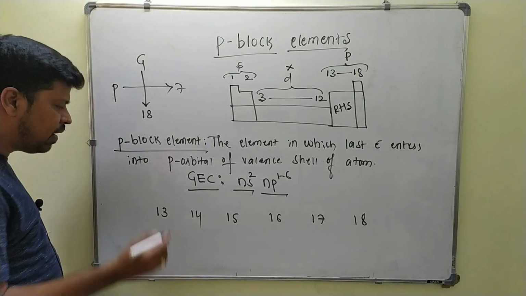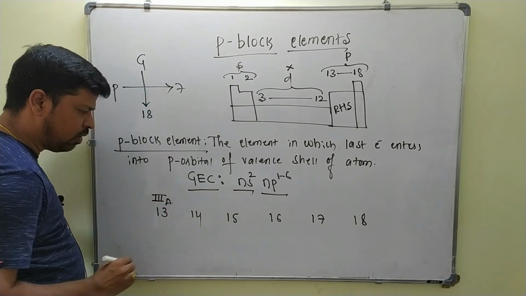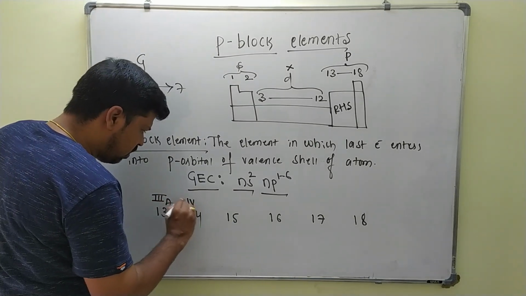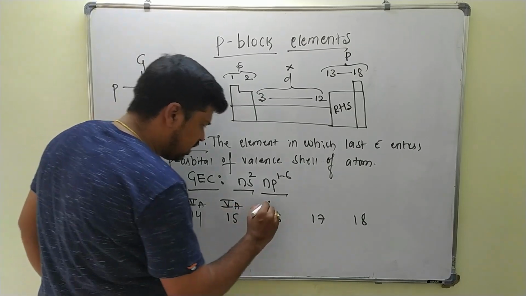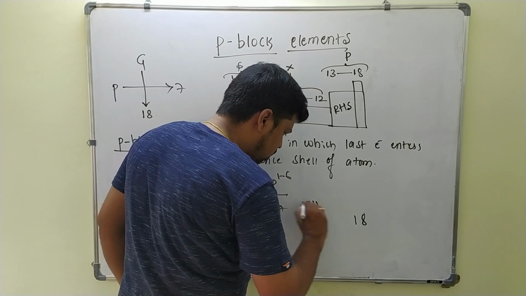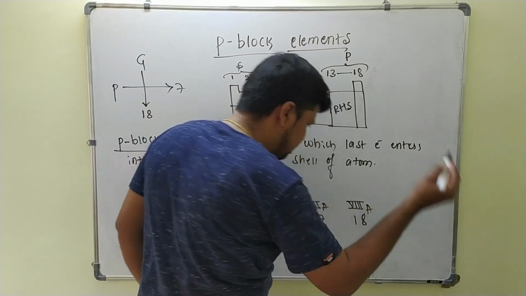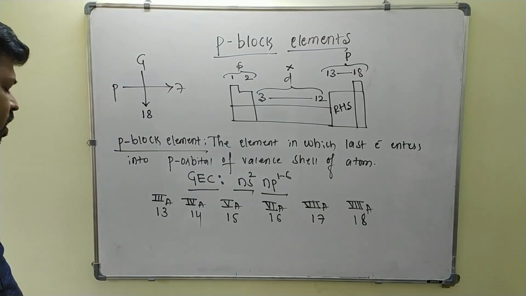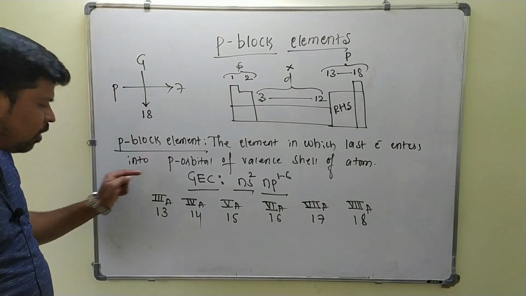So these main group elements are given another notation. Group 13 elements are also called group 3A, 14 is 4A, similarly 15 is 5A, 16 is 6A, 17 is 7A, and 18 is 8A.